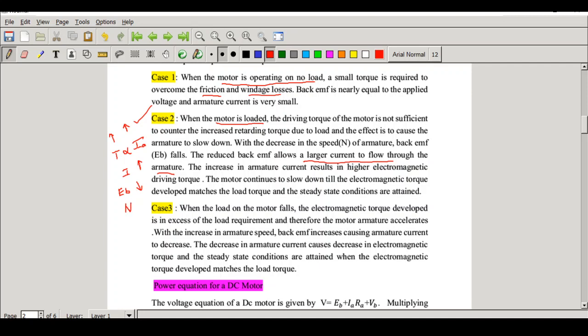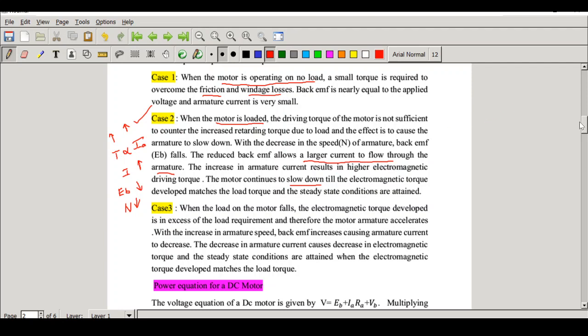This is under the condition when the motor load requirement is high. When the load demands more torque, the current will increase, back EMF will reduce and the speed will also reduce. That means the motor will slow down. So the motor runs at a lower speed when higher torque is required. That is case number 2.